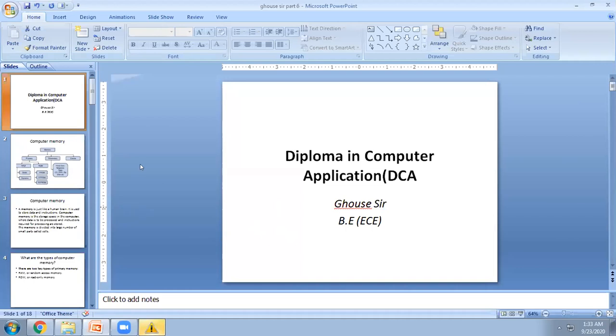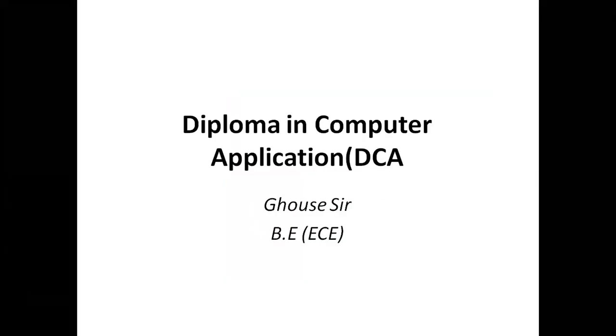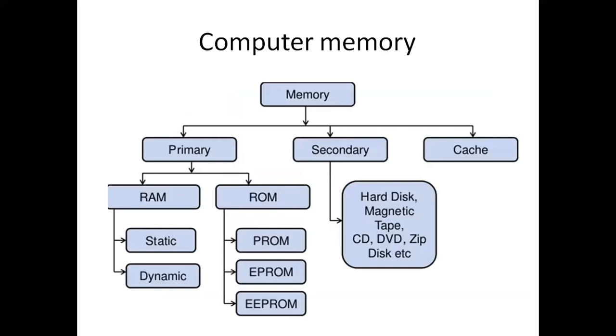So we will see the first slide, the division of memory. Computer memory is divided into primary memory and secondary memory. In a broad manner, it is primary and secondary, and we also have the cache memory. We will discuss later what that is.